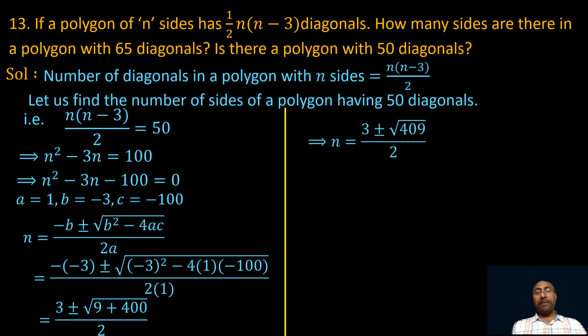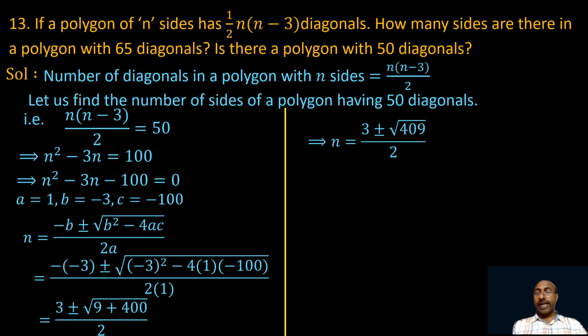In any polygon the number of sides must be an integer, isn't it? Minimum 3, like 3, 4, 5, 6. It is not possible to have a number of sides like 1 by 2 or 3 by 4. The number of sides must be a positive integer.